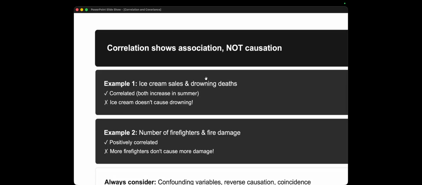No, they're not related. The only thing is that ice cream sales increase in summer and drowning deaths also increase in summer, because in summer people are going to beaches and swimming, so there is high risk of drowning, right? The more people swimming, the more people going to beaches, the more drowning we will find. It's unfortunate, of course, but this is the case, and they are not related together. So people are not drowning because they are eating ice cream, right?